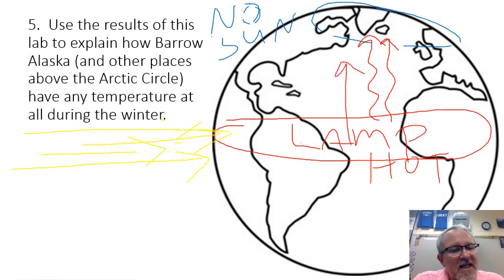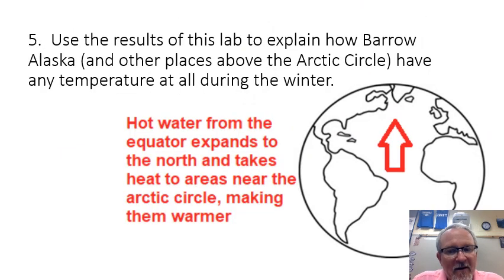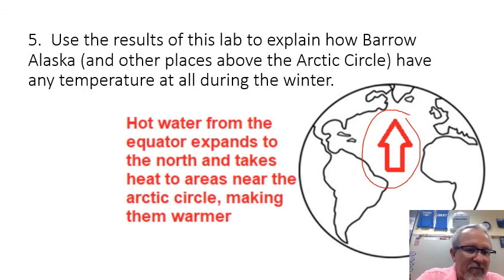And this is constantly happening on our planet because the water at the equator gets hot and it moves to the poles where it is cold. So here is a summary of that. Draw the arrow and describe: hot water from the equator expands to the north and takes heat, which is energy, to areas near the Arctic Circle, which makes them warmer.